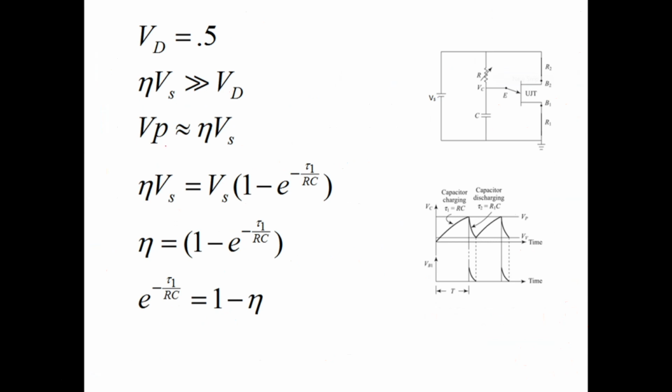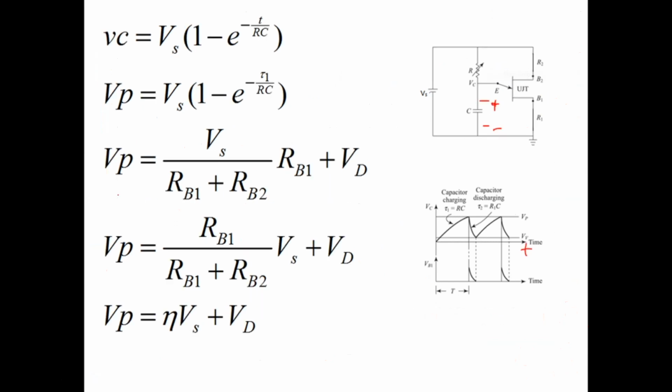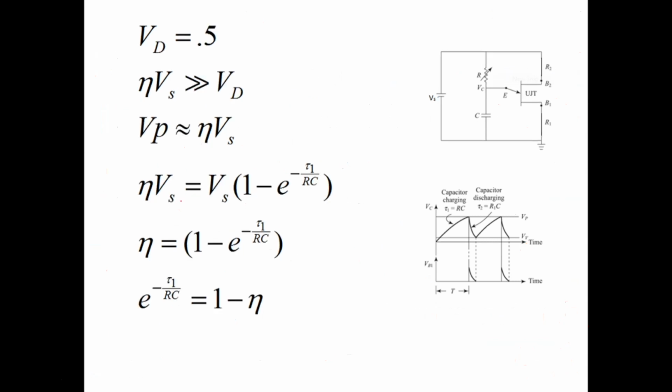So then V peak I can say is eta into Vs. I will substitute in these equations: instead of V peak I will say eta into Vs. So eta into Vs is equal to Vs times 1 minus e power minus tau 1 by Rc. So eta is equal to, Vs cancelled, 1 minus e power minus tau 1 by Rc.